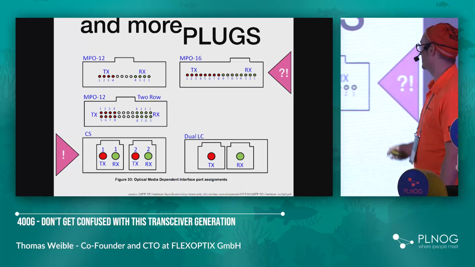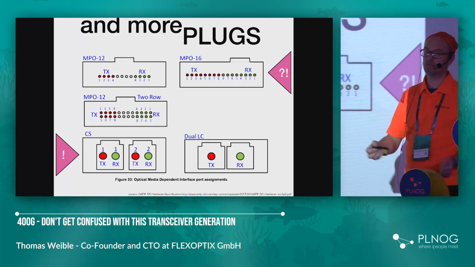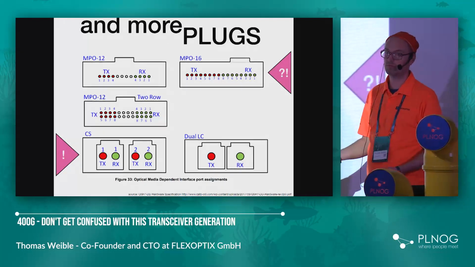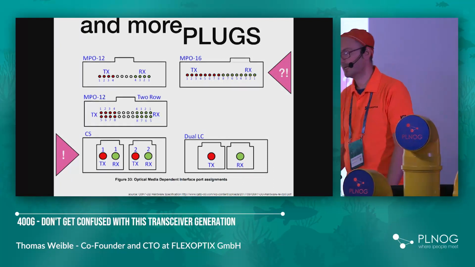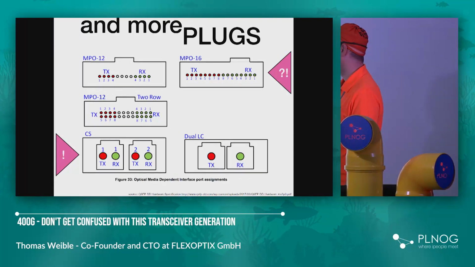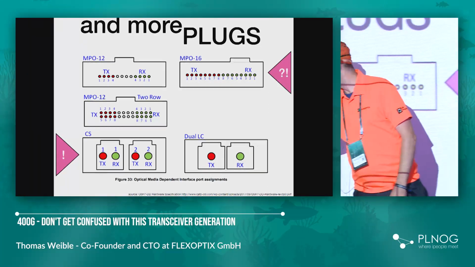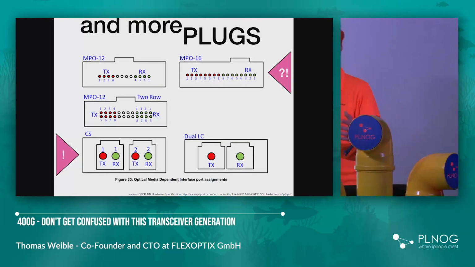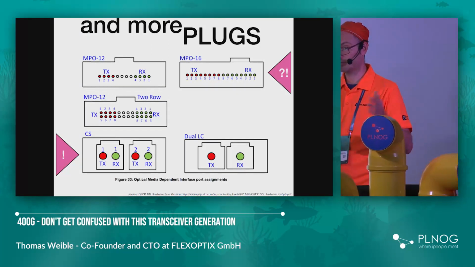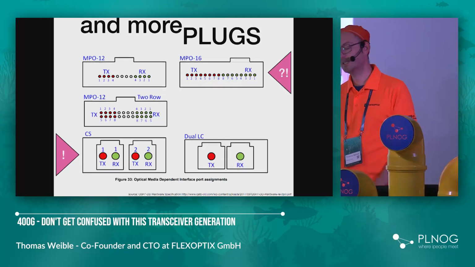The great thing is it has a new keying, so you can't mix it up. So you can't plug an MPO 16 into an MPO 12 receptacle from your 100 gigabit SR4, for example. Not possible. And especially on the single mode side, dual LC for sure will be there, and a new one called CS plug. It's basically half the size of an LC plug, just squeezed together. You could also call it LC double density.